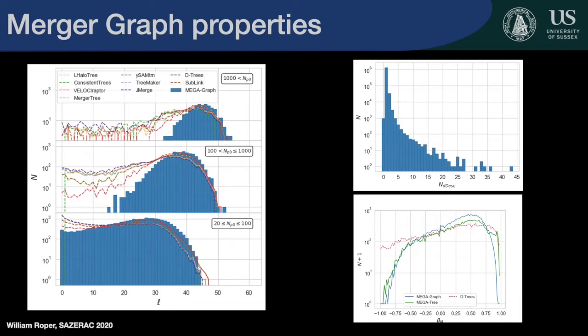So here are the exact same plots, but this time for our merger graphs. In the top panel, in the high mass regime, we've got the exact same behavior. We're not having any of these halos pop into existence randomly, and we're tracking them all the way back to their formation. The vast improvement comes in the medium mass regime, where before we had some halos with short main branch lengths, where we were failing to track them properly.